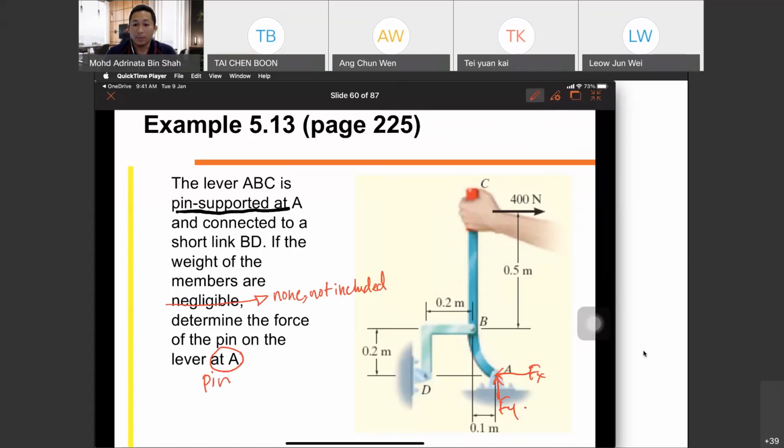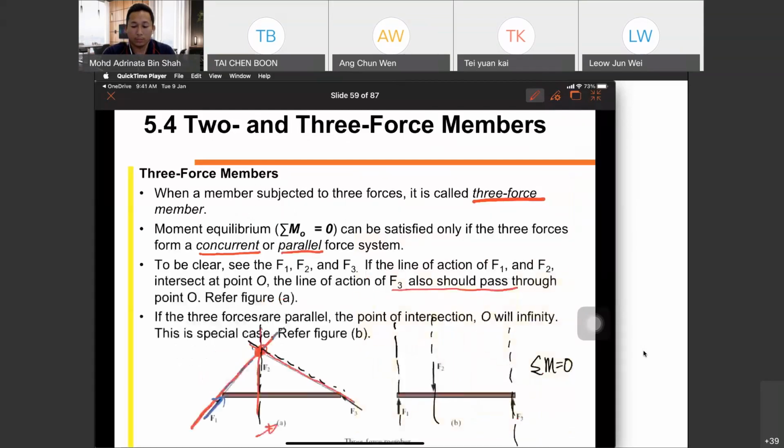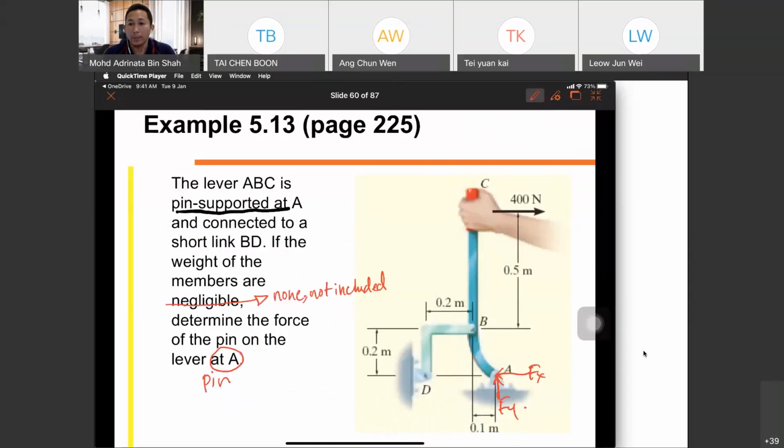Let's have a look at how to solve the equation. You have two things you need to consider. The consideration is concurrent or parallel. For this example, it is concurrent.